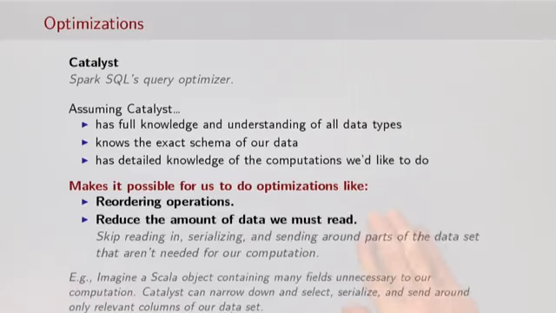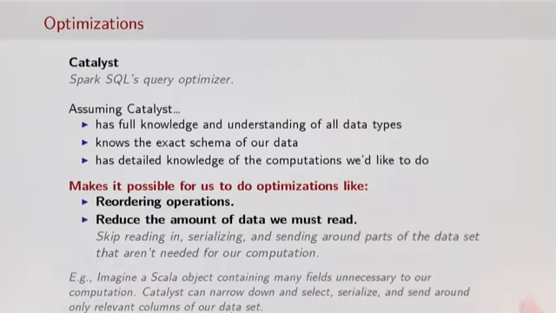Another sort of optimization that Catalyst can do is that it can reduce the amount of data that we must read. So if we have a full knowledge of all data types that are possible to be used in a program, and we know the exact schema of our data, and we know the exact computation that will be done, I know exactly which field might not be used in a computation. This means I can move less data around the network.